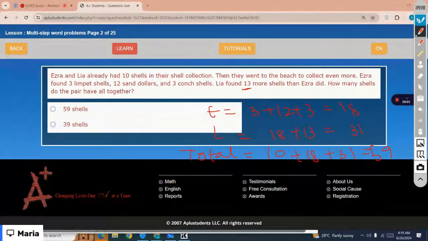The correct option is 59. Option number 1 is the correct option.